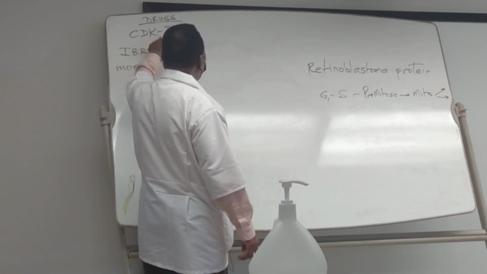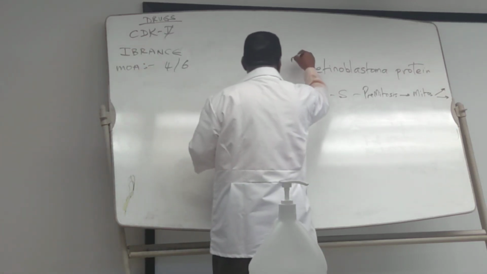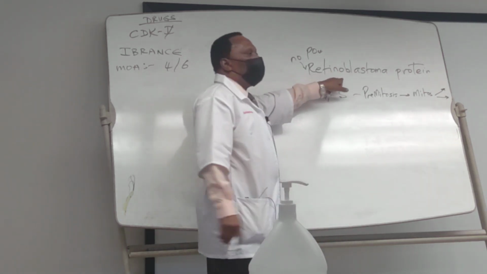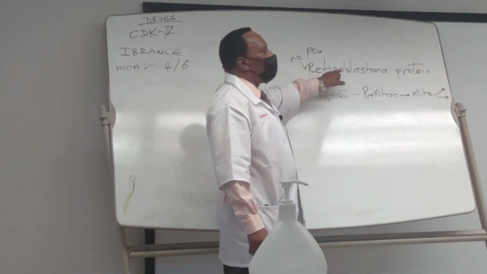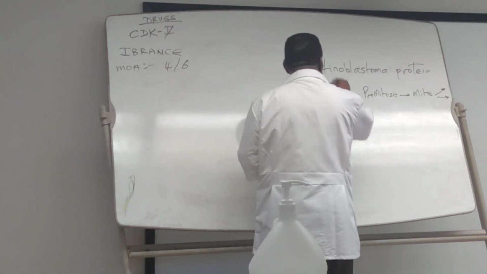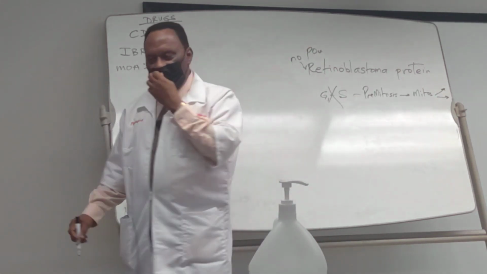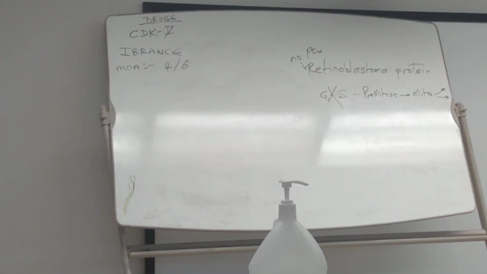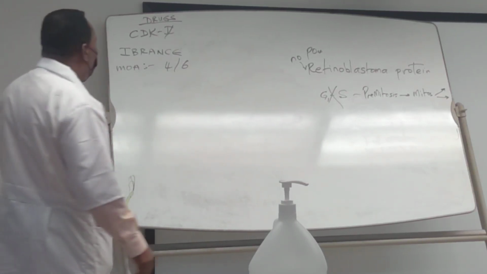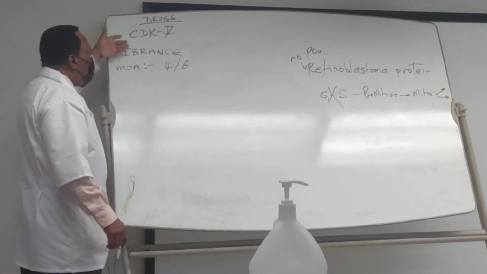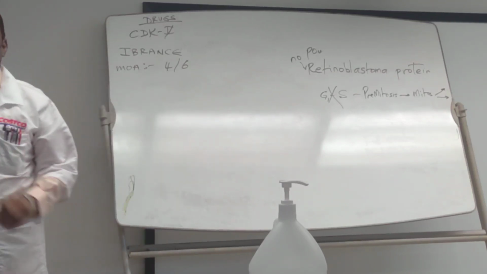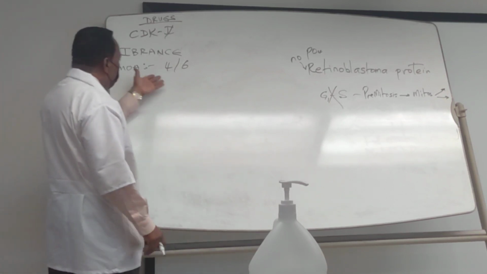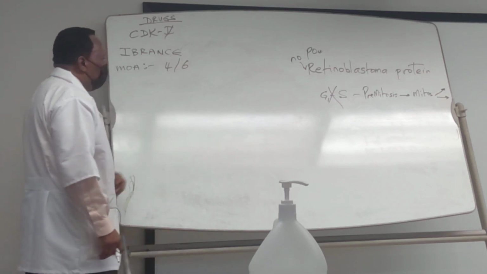So if you inhibit that kinase, there will be no phosphorylation of retinoblastoma protein, and if there's no protein here, then there will be no signal for the cell cycle to move from G1 to the synthetic phase or the S phase. So that's how your CDK inhibitors work in breast cancer. They inhibit CDK4/6.